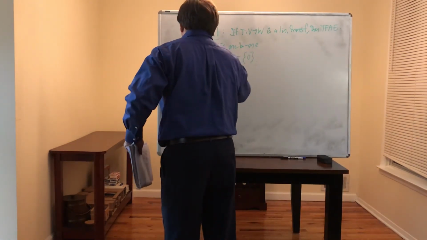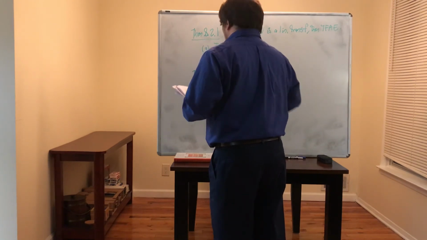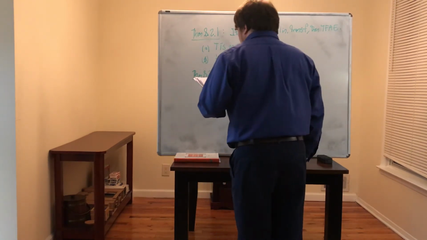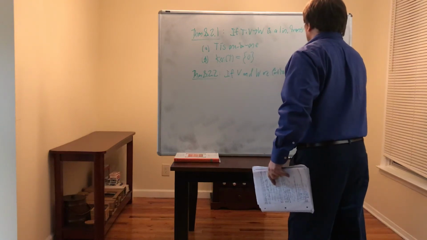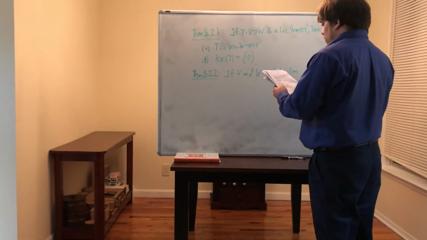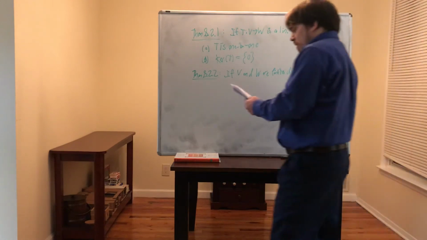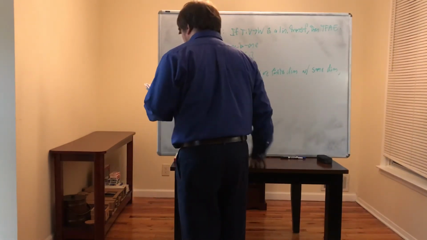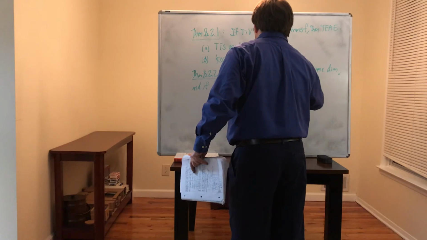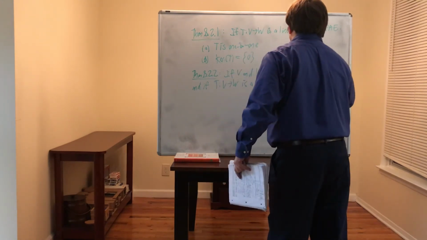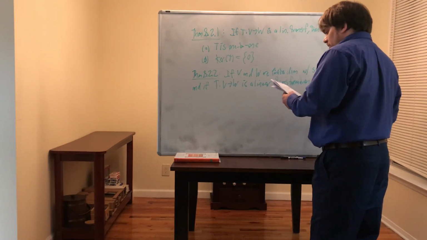Theorem 8.2.2. If V and W are finite dimensional vector spaces, so I'm going to write finite dimensional, meaning finite dimensional vector spaces with the same dimension, and if T from V to W is a linear transformation, then the following statements are equivalent.